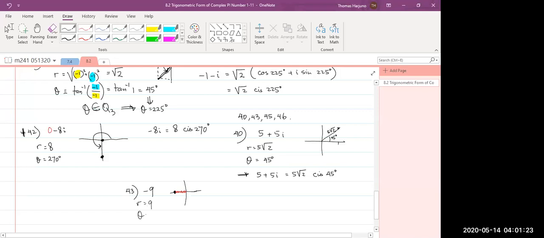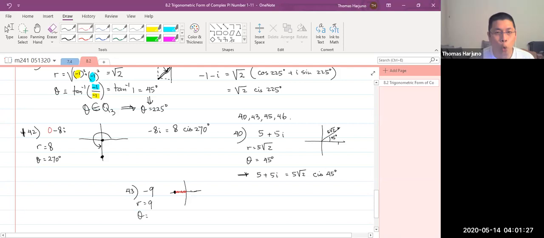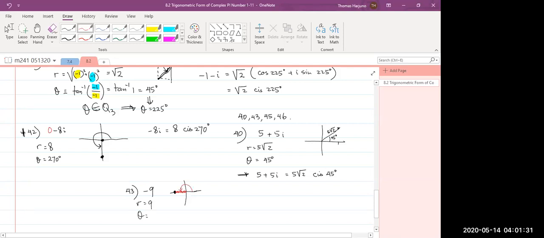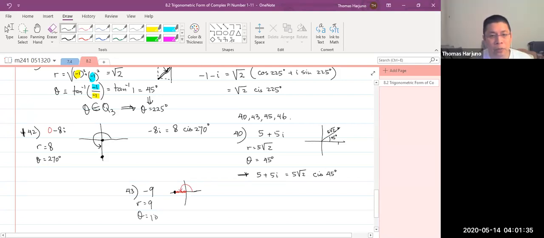How about the angle? The angle 0? No. From the positive x-axis, it's positive 180, my bad. So 180 degrees. So negative 9 in trig form will be 9 cis 180 degrees.